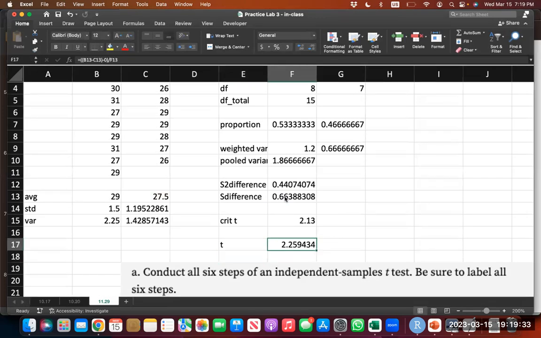So the t is here 2.25 or 2.26, which is larger than the critical t. Therefore, I reject the null. Make sense?